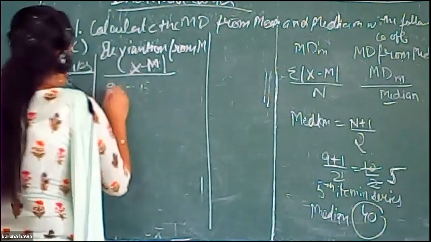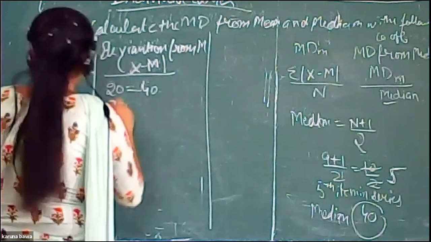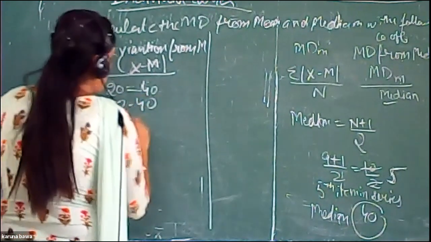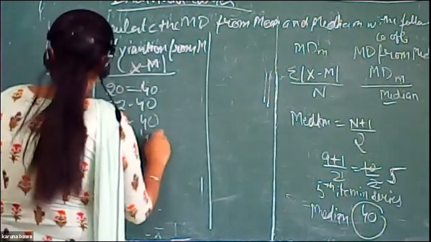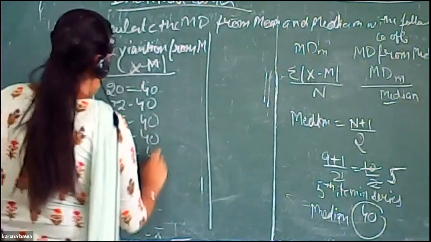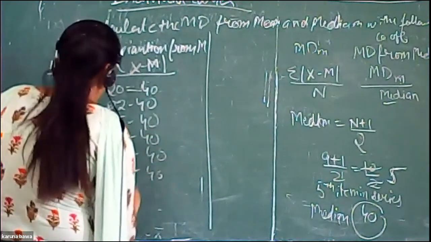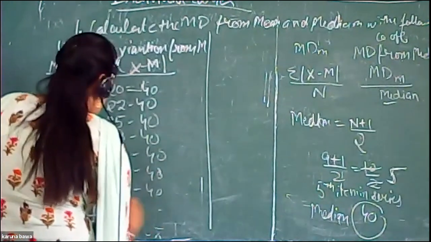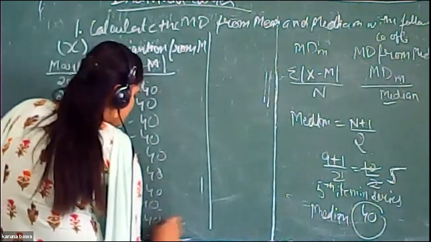X value 20 minus 40, 22 minus 40, 25 minus 40, 38 minus 40, 40 minus 40, 50 minus 40, 65 minus 40, 70 minus 40, and the last one 75 minus 40.